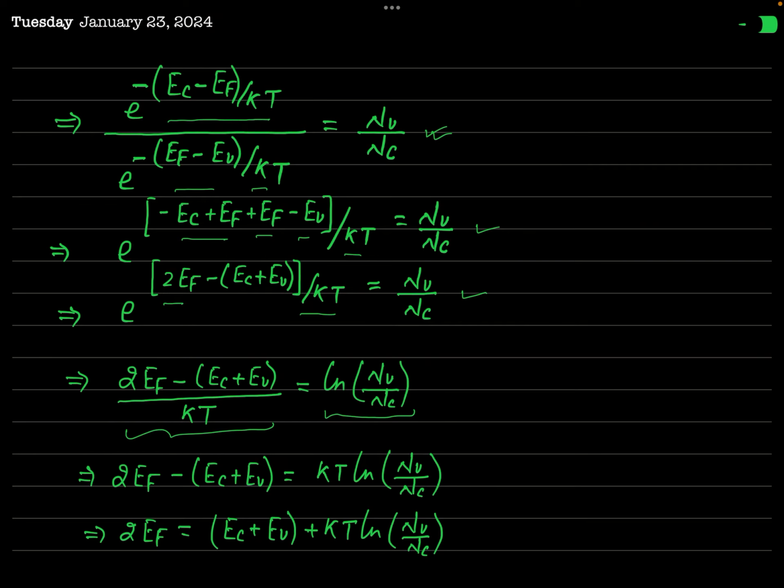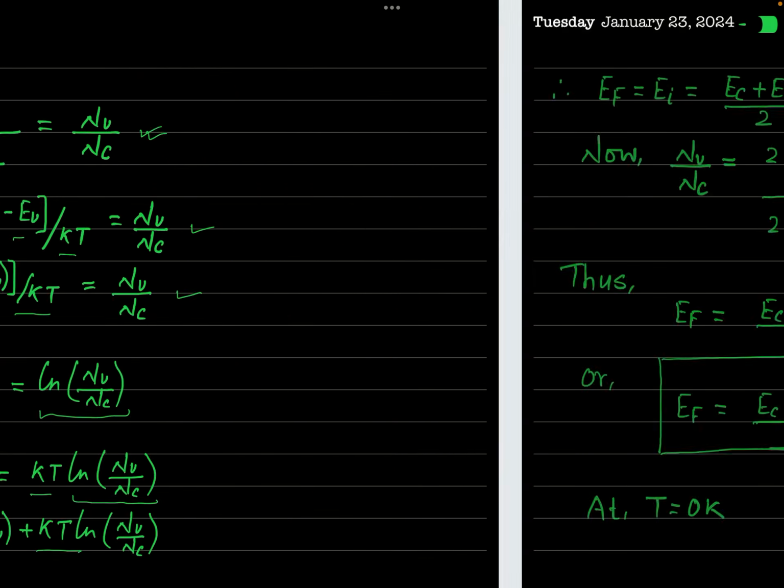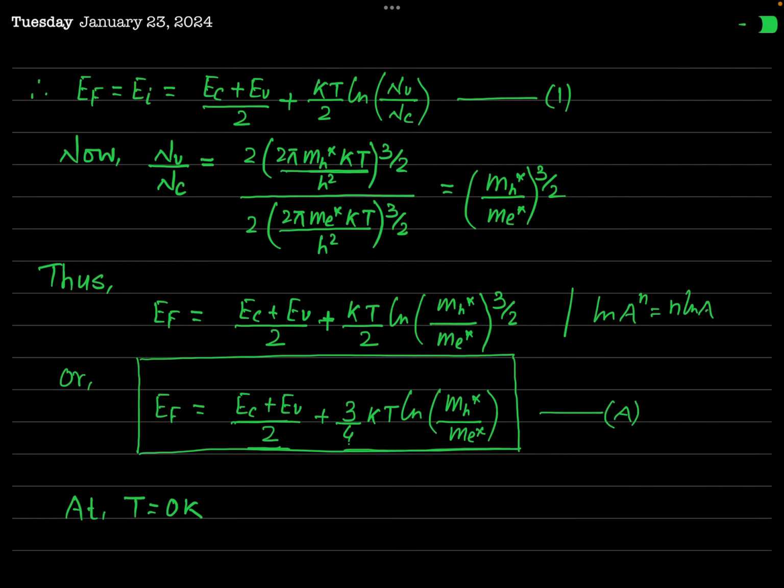And so 2Ef minus (Ec plus Ev) will be equal to Kt times log of Nv over Nc, and so 2Ef is equal to Ec plus Ev plus Kt times log Nv over Nc. And so the expression for Ef, which is also denoted by the symbol Ei in case of an intrinsic semiconductor, is given as (Ec plus Ev) over 2 plus Kt over 2 times log of Nv over Nc.